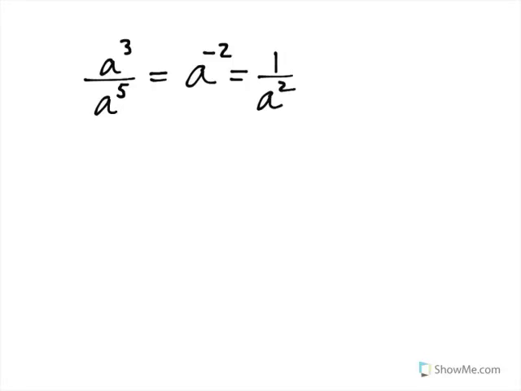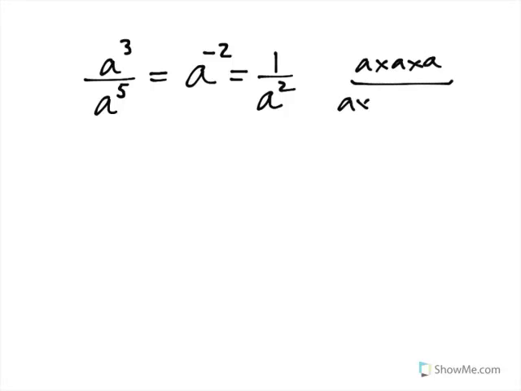So what about a cubed divided by a to the 5? Well, it's a to the power of 3 take away 5, which is negative 2. So what would it be? It's 1 over what? A squared. Because a times a times a, that's the numerator.